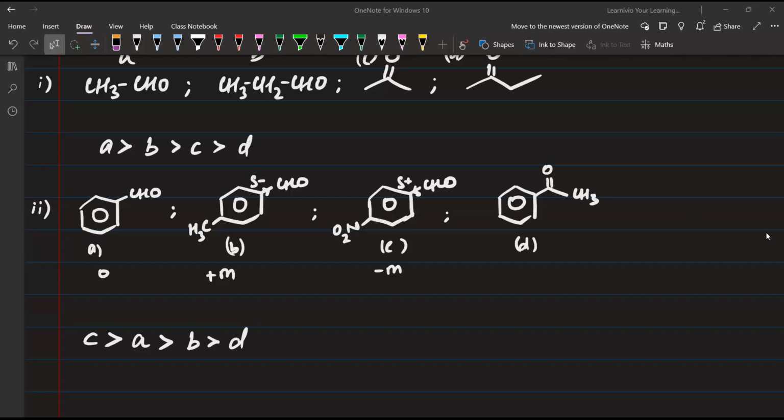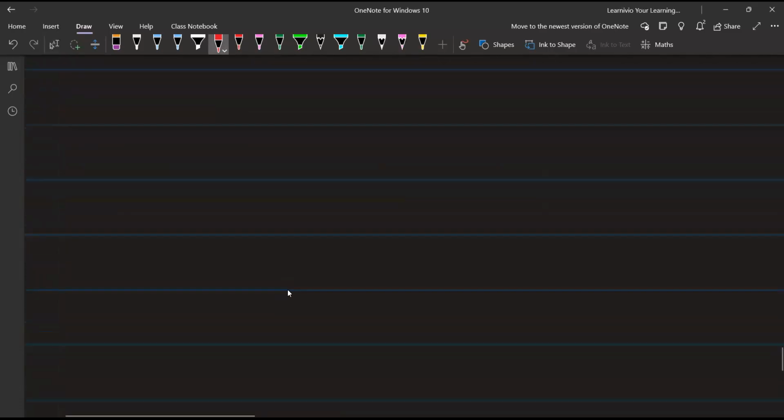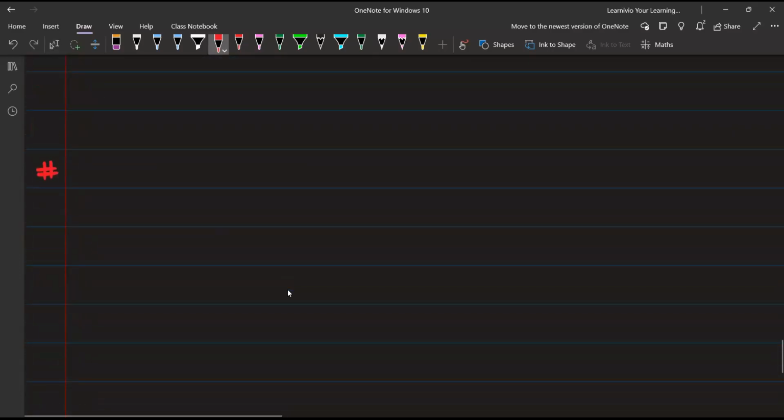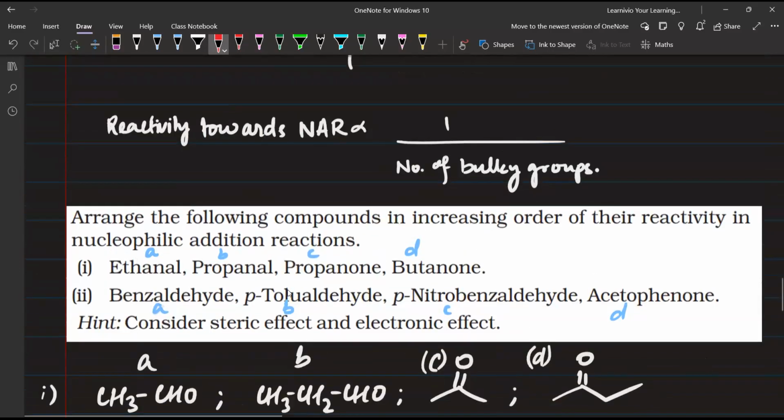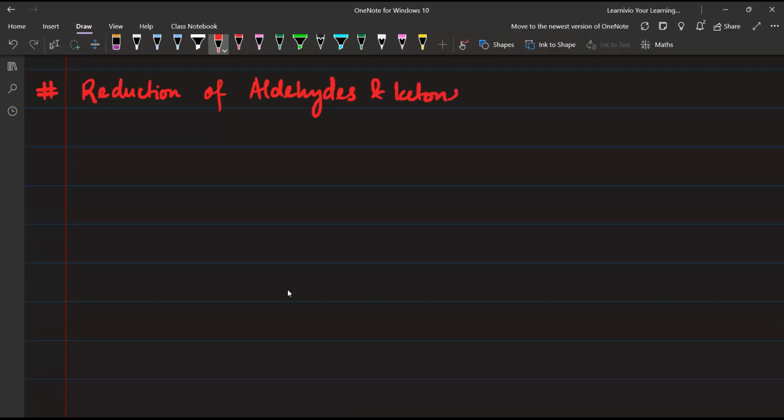Very good. Actually, next type of reaction that we need to see is the reduction of aldehydes and ketones.